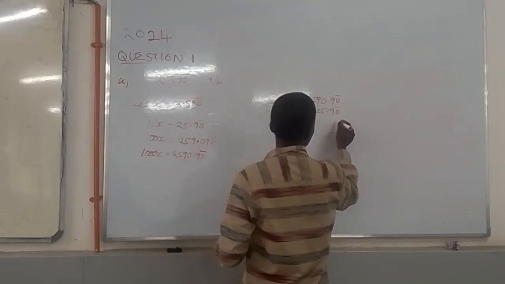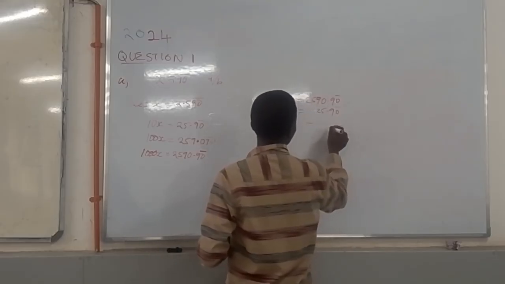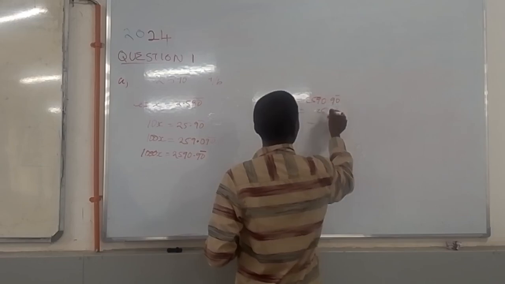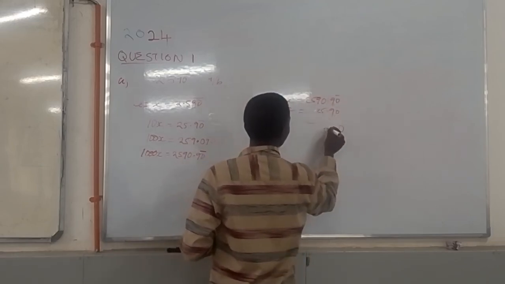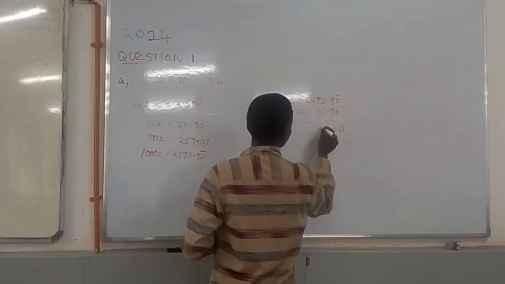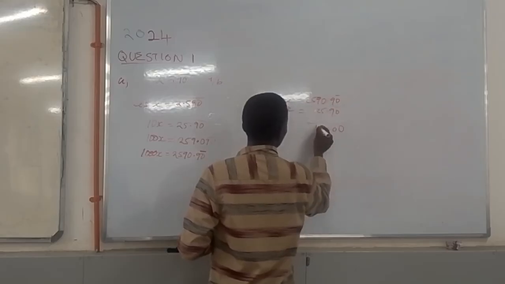There it's 0, there it's 5, it's 6, 5, 2, giving 2565.